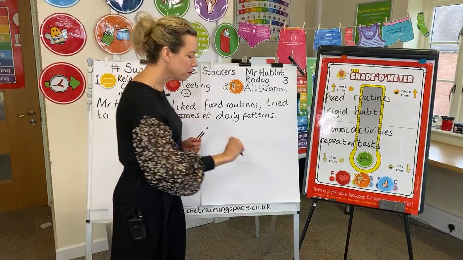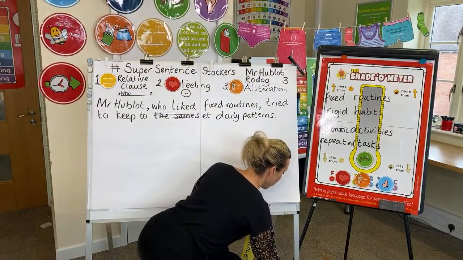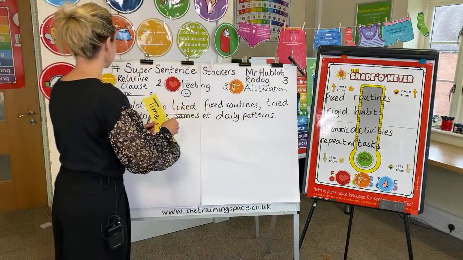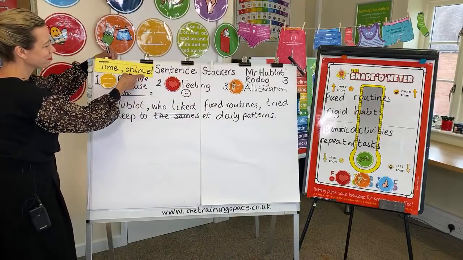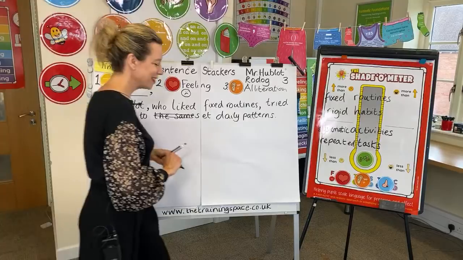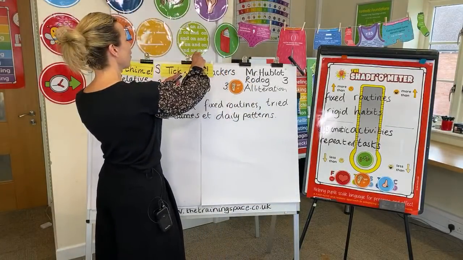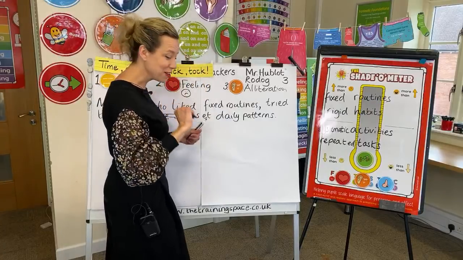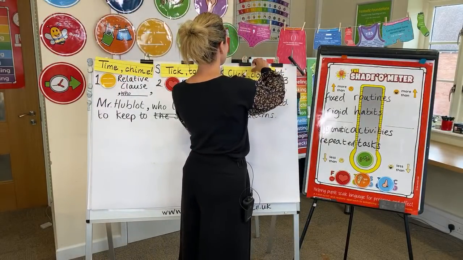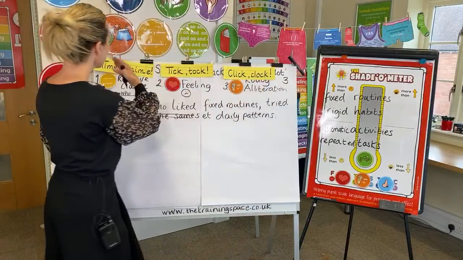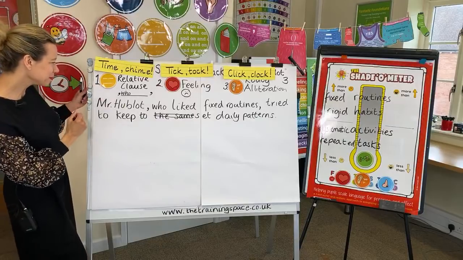The sort of thing I mean are words like this. Oh, I am having a blue tack crisis today. Time, chime. Here's another idea. Tick, tock. Here's another idea. Click, clock. They're all to do with time and rhythm.